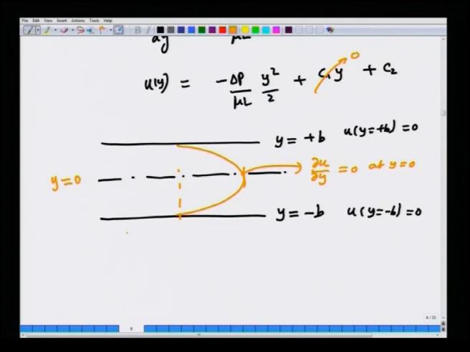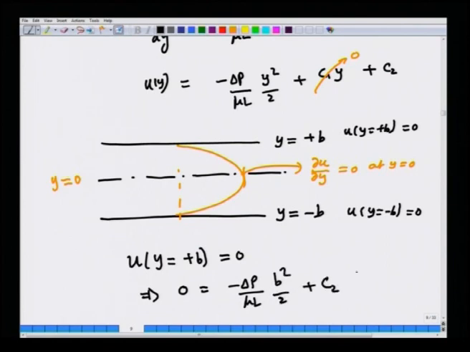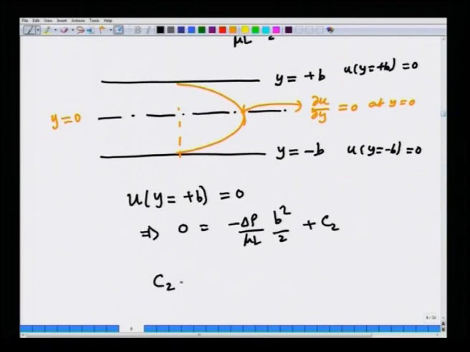The other constant can be found by using u at y equals plus b is 0. Okay. This implies 0 is minus delta p by mu L b squared by 2 plus C2, or C2 is delta p by mu L b squared by 2.